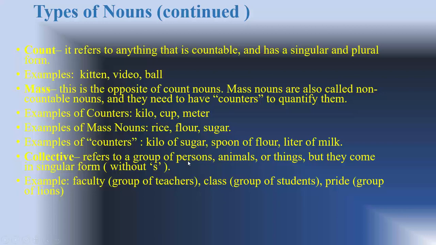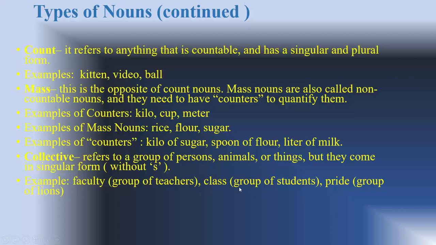Collective nouns refer to a group of persons, animals, or things, but they come in singular form without S. For example, faculty, college. Group of teachers. Class. You are a class in the applied mechanics department. You are a class, many people, but the class is single.